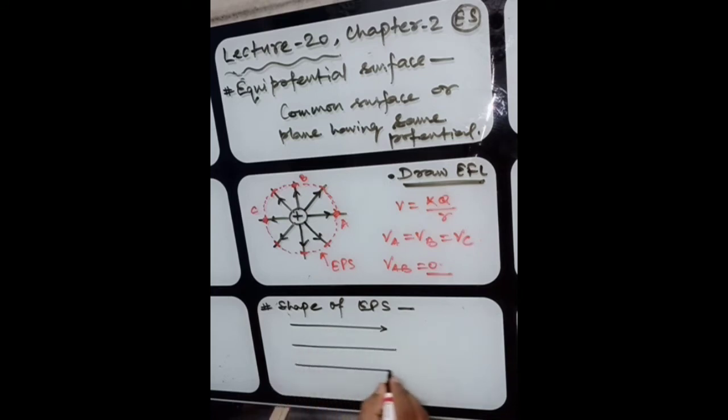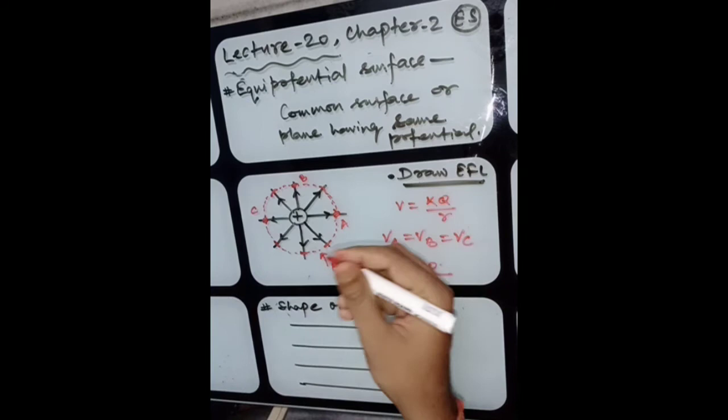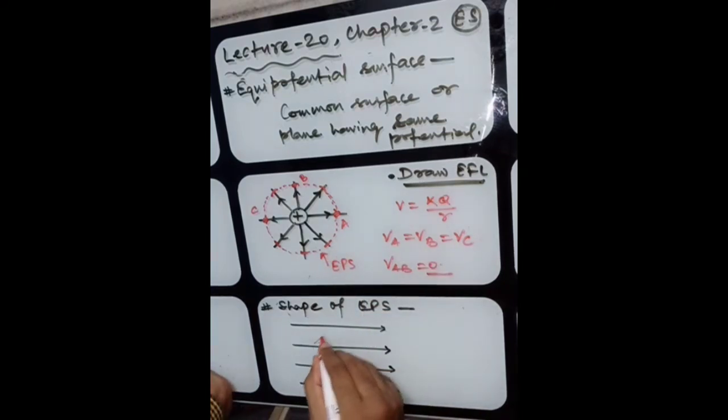Now you have to draw the equipotential surface. What will be the nature of the equipotential surface here? Of course, earlier we studied that the equipotential surface must be perpendicular. So this is the nature.